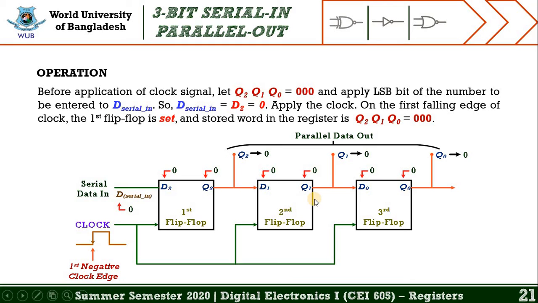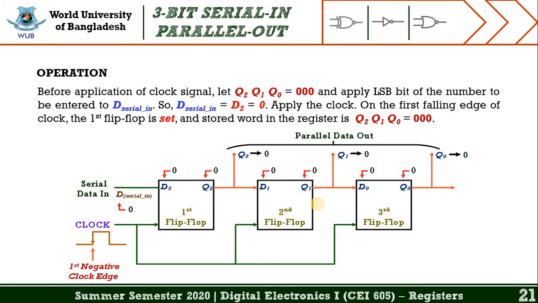In this condition, the present value of the outputs of the second and third flip-flops is equal to their previous values, which means the value of D1 is equal to 0.